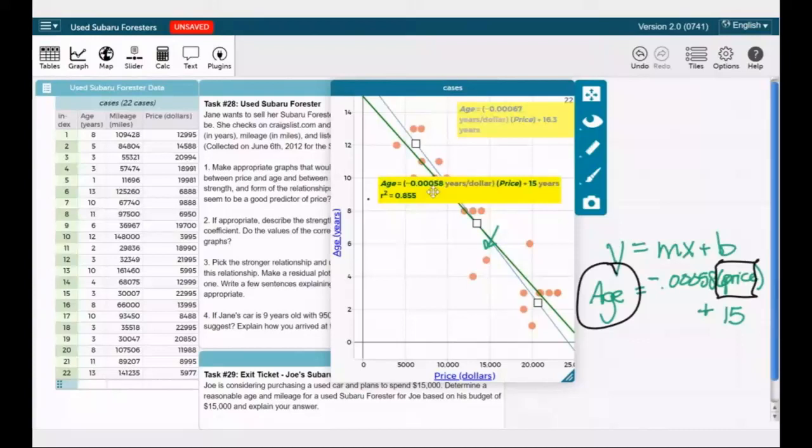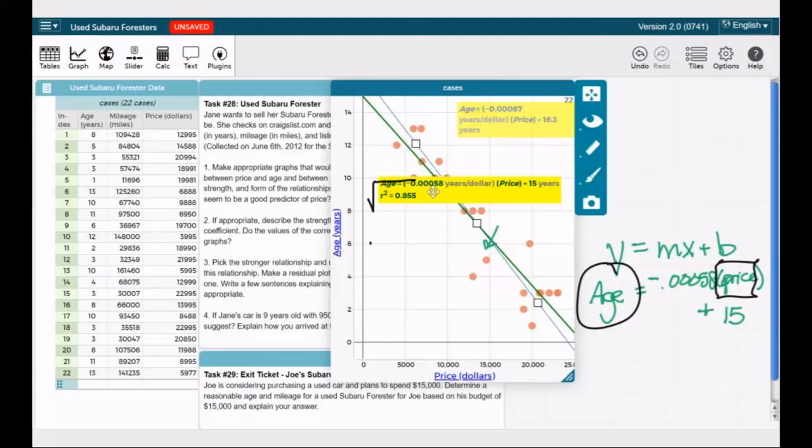We have R squared. How would I find R if I'm given R squared? If you have R squared, what would you need to do to find R? Yes. You would need to take the square root. Okay?